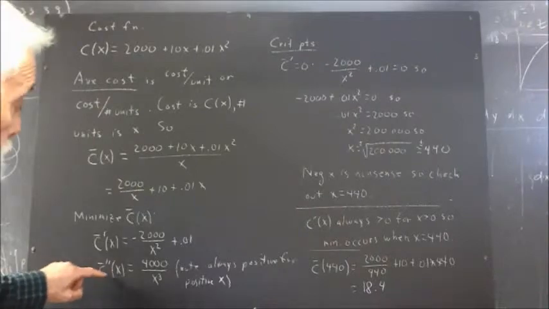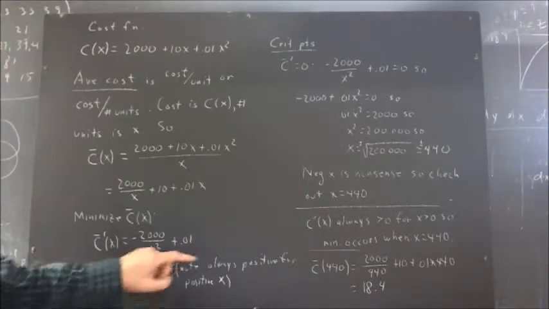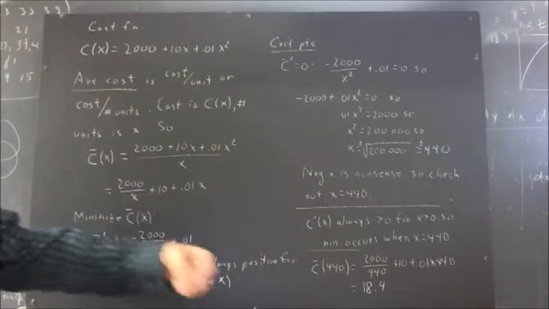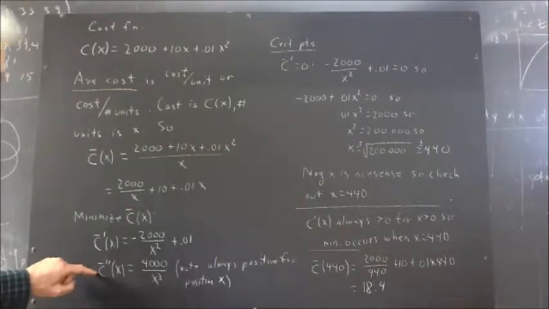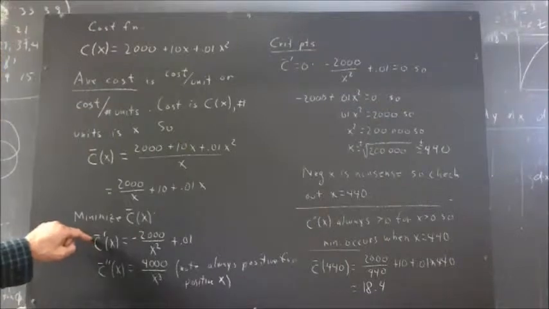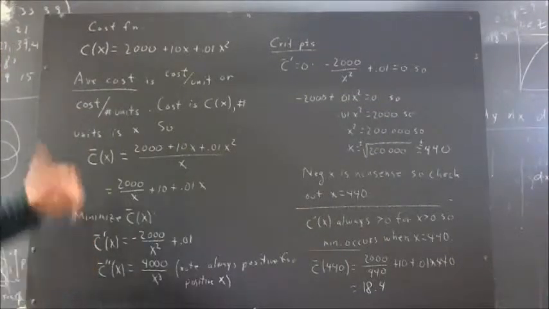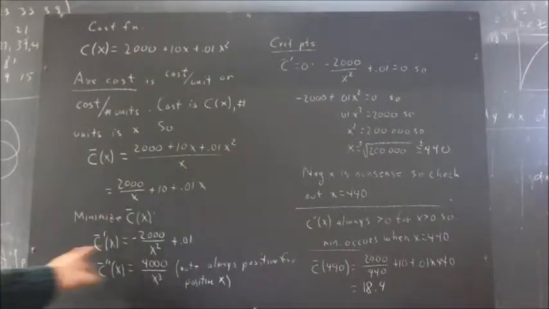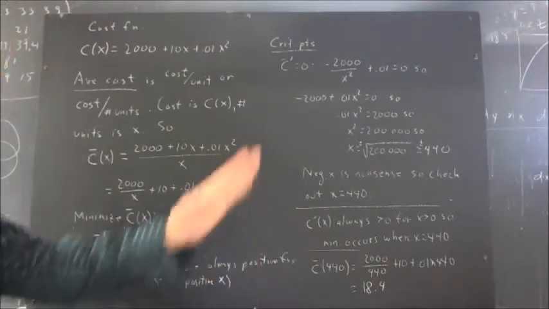So our C double prime of x is always positive. This tells us already that our graph is concave up, because the second derivative is the rate of change of the first derivative. The first derivative goes from positive to 0 to negative at a critical point, giving us this behavior.